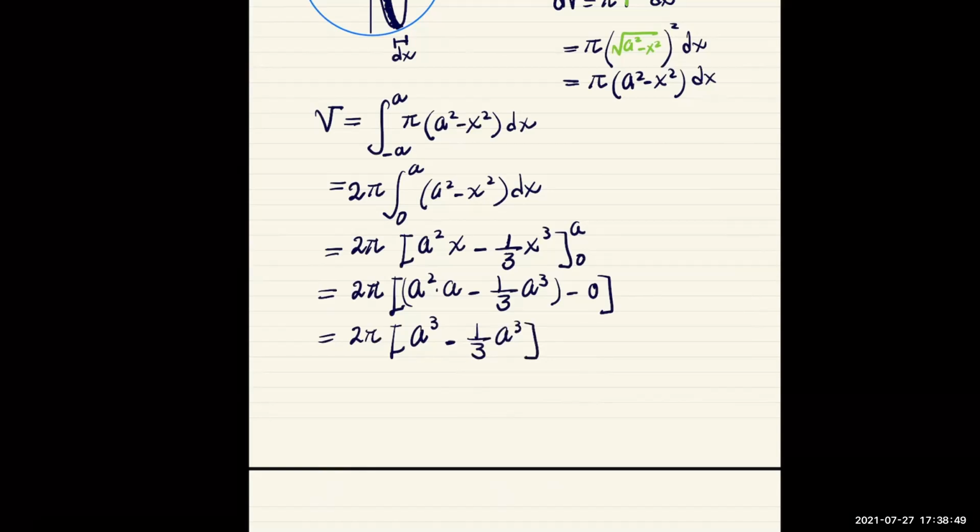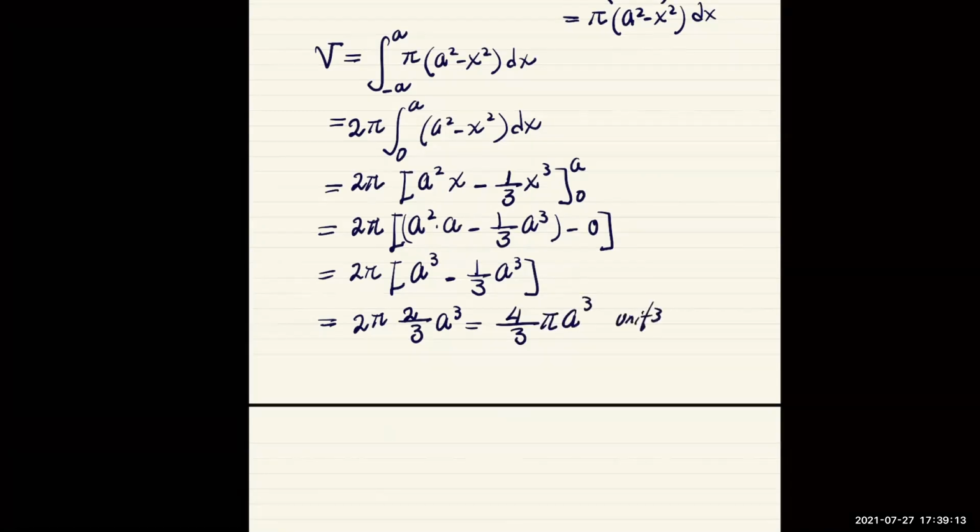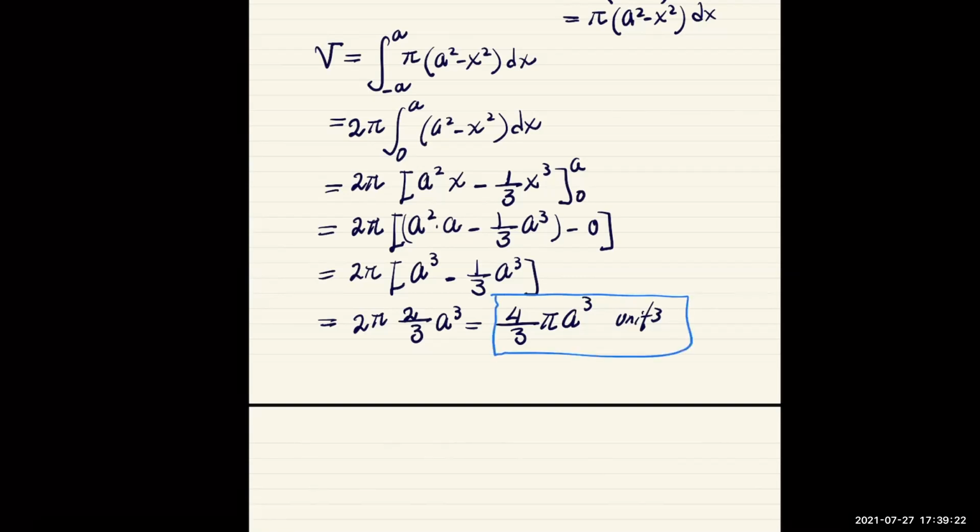Almost. 2 pi a cubed, take a third out: 1, take a third out, you got 2/3. 2/3 a cubed. Multiply 2 by 2, you got 4/3 pi a cubed. Cubic units. And that was expected. The volume of a sphere is 4/3 pi radius cubed. Radius here is a.